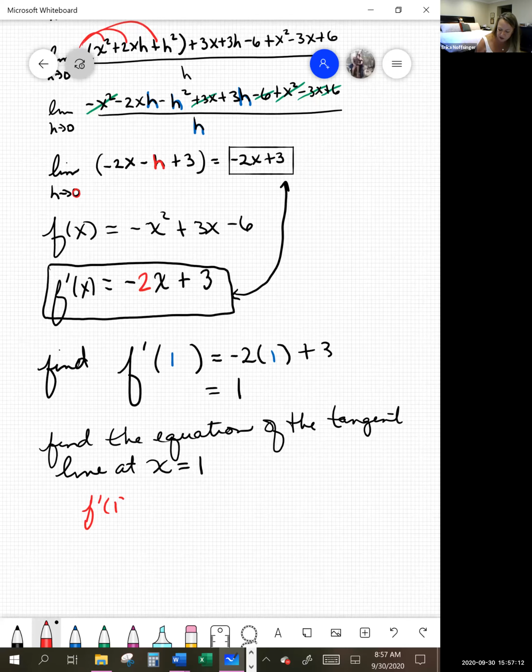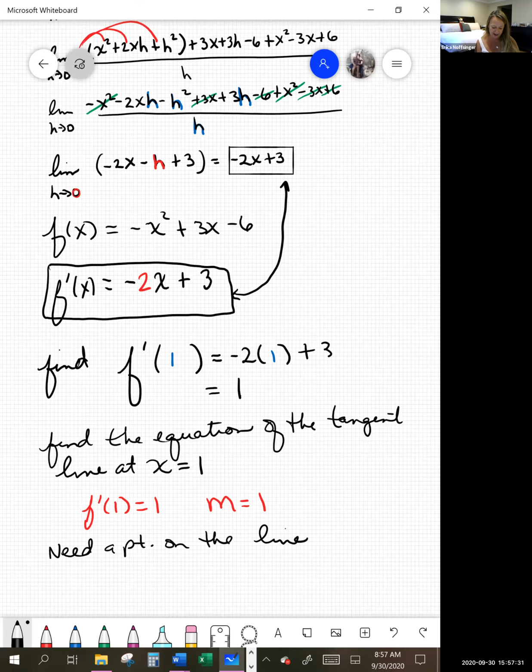And so the slope of our tangent line is going to be 1. We need a point on the line, and we can find that point because we have the equation. So we can find f of 1.